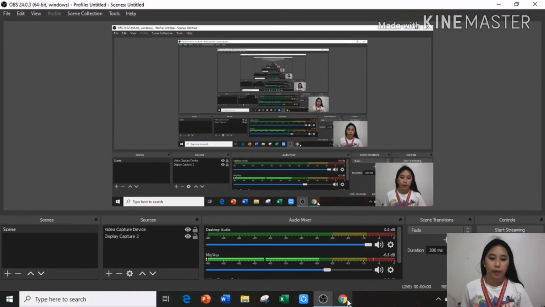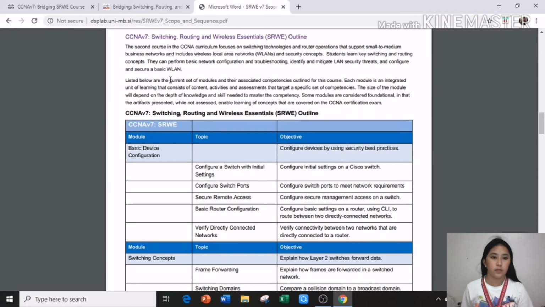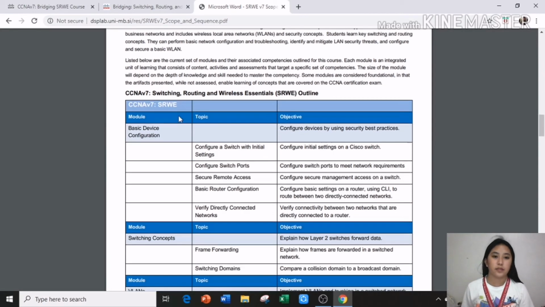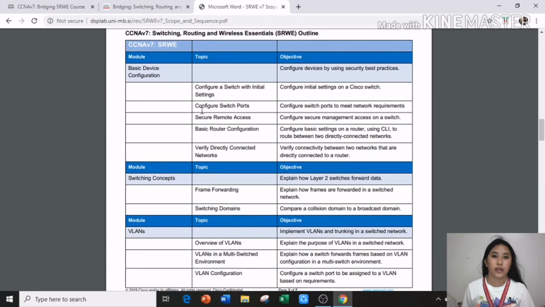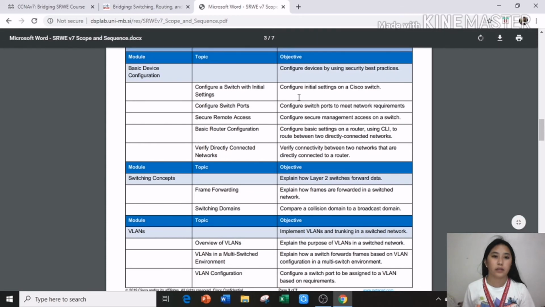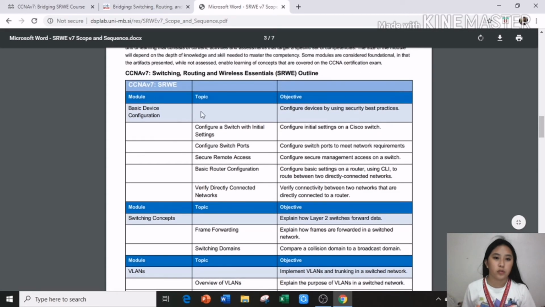So, going back, the CCNAv7 Switching, Routing, and Wireless Essentials, or SRWE, outline. Module, topic, objective. Basic device configuration: configure a switch with initial settings, configure switch ports, secure remote access, basic router configuration, verify directly connected networks.